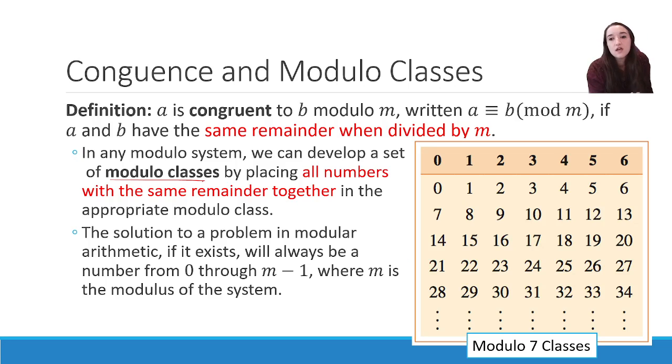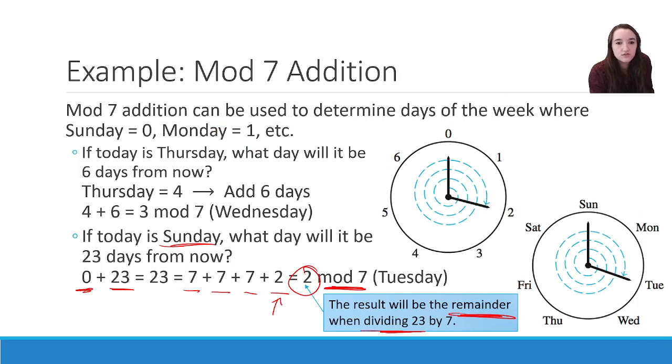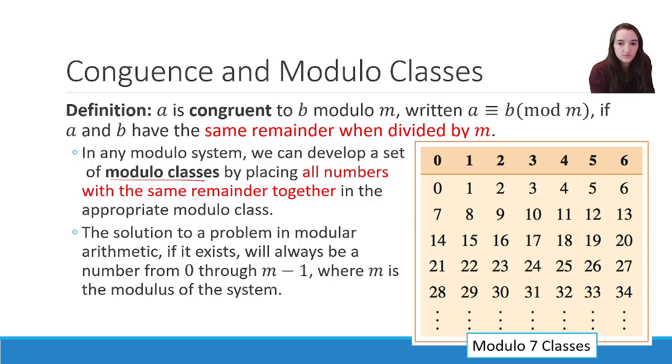In other words, if we go back here, 0 plus 23, yes, that's 23, but 23 is congruent to 2 in mod 7. We can see the mod 7 classes reflected here. If I look at 2, 23 is within that class.